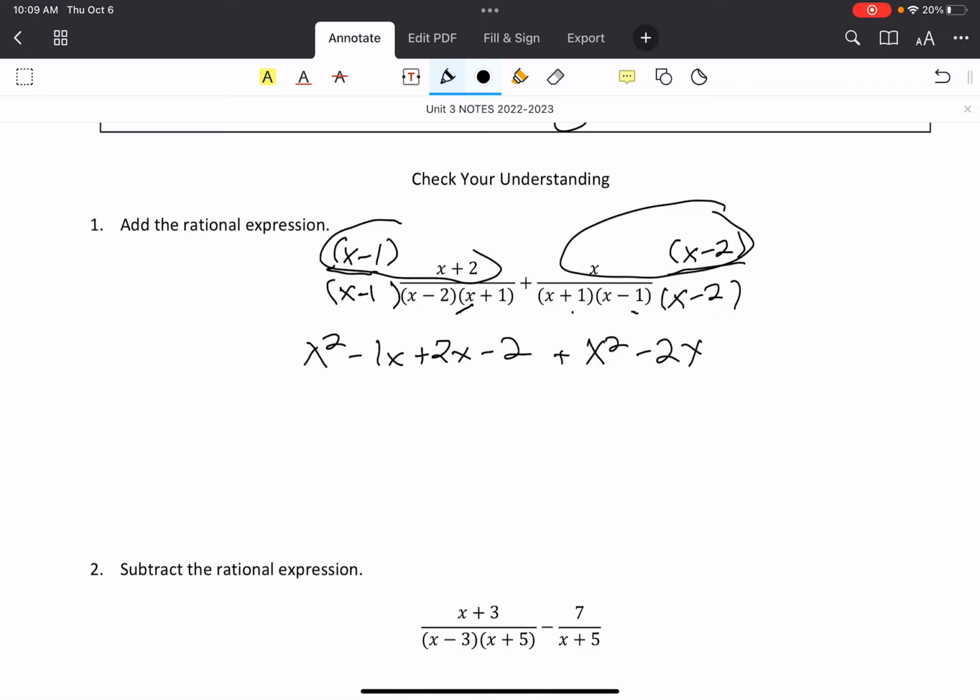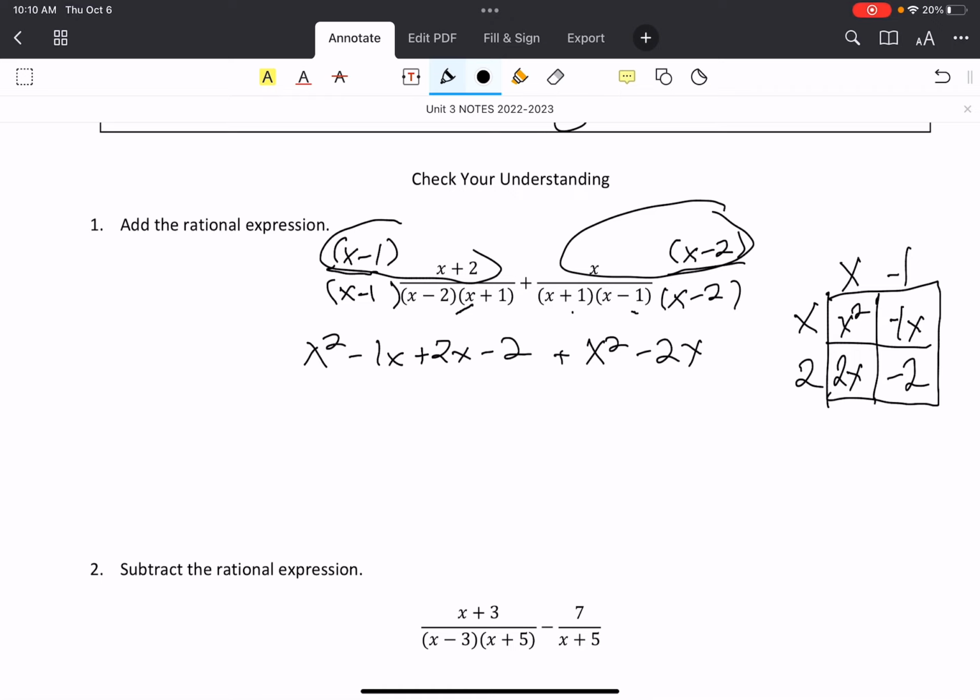Can you show the box where you FOILed the x minus 1 and x plus 2? So using the box, you could do x minus 1 and x plus 2. We get x squared, negative 1x, 2x, negative 2.